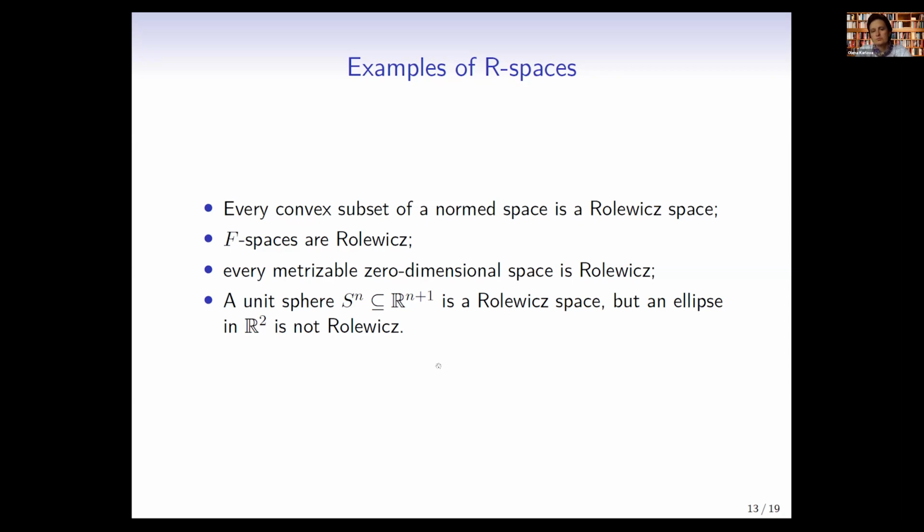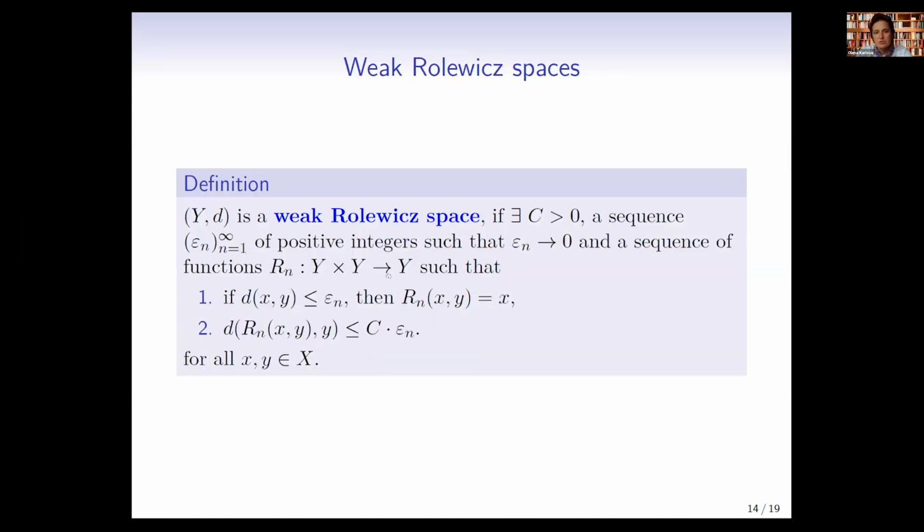So we need to find some slight modification of the definition of Rolewicz spaces so that such a nice figure as an ellipse is a Rolewicz space. And we introduced the property of weak Rolewicz spaces.